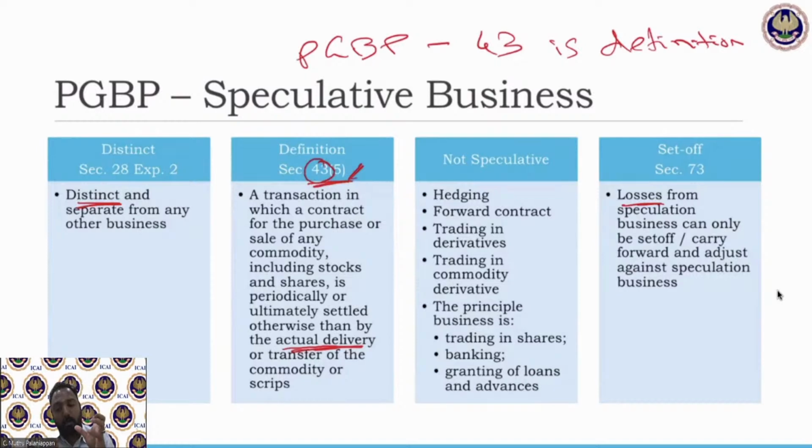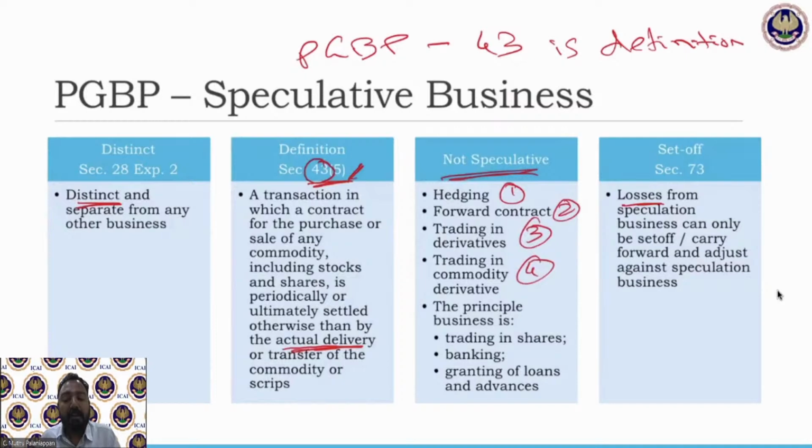So when you talk about this, we need to understand that some of the business are not speculative in nature. So one of them is hedging. So what do you mean by hedging? You enter into a transaction to mitigate a risk. There is a risk involved in foreign currency or whatever. So you enter into hedging transactions to reduce the risk of this foreign currency loss. So same way with forward contract, trading in derivatives, trading in commodity derivatives.